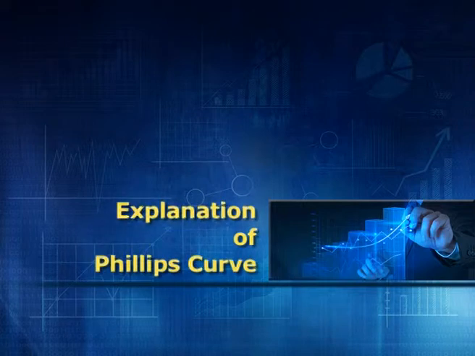However, the trade-off puts the policy makers in a more awkward situation where they need to choose either of two: one, a higher rate of inflation with lower unemployment, or two, a higher rate of unemployment with a low inflation rate. Let us now learn the explanation of the Phillips curve by the Keynesian economists.